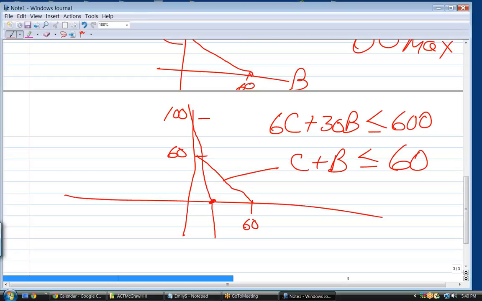Okay. With linear programming, what you do is you find the common area and you check the vertexes. In other words, I want to check that point, I want to check this point, and I want to check this point.